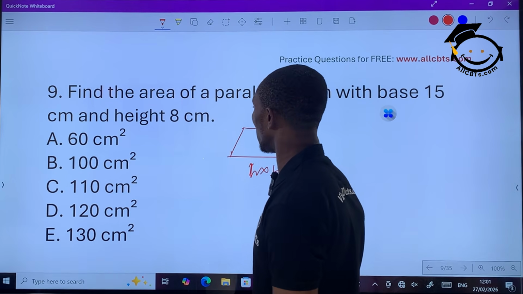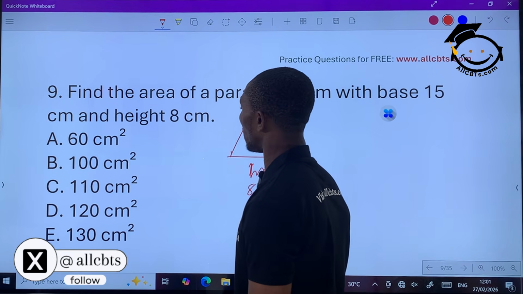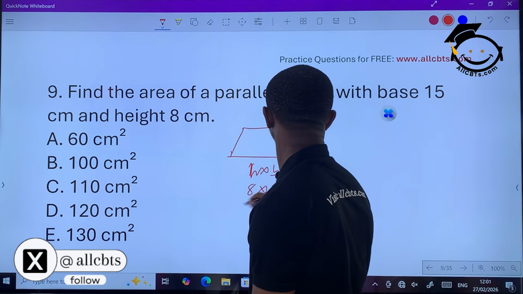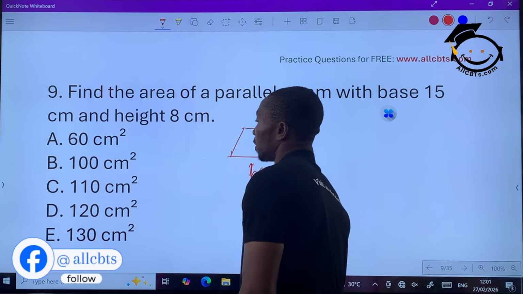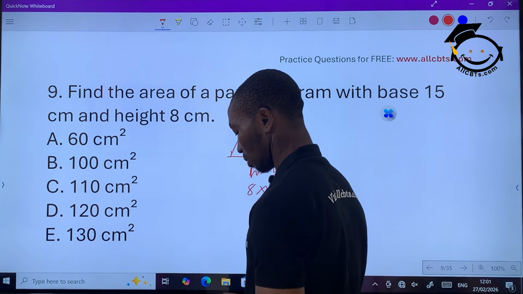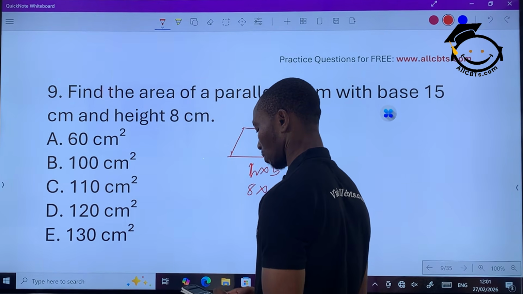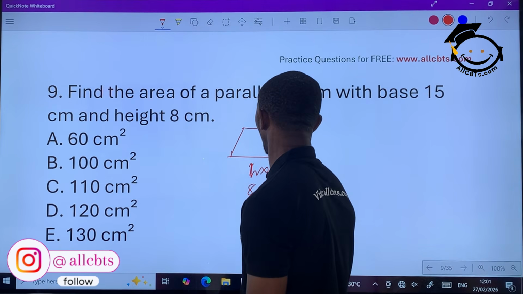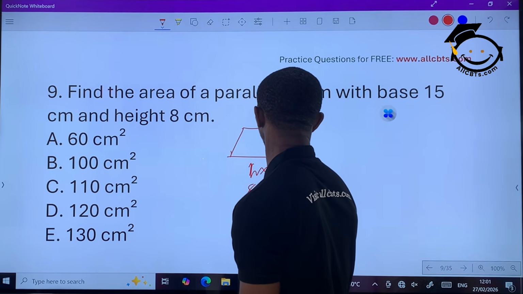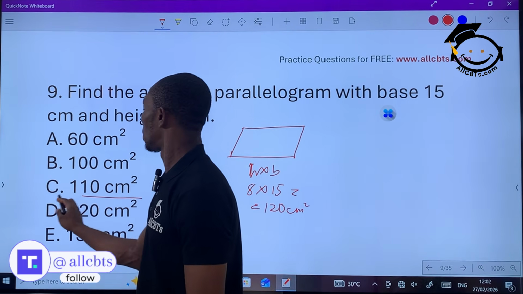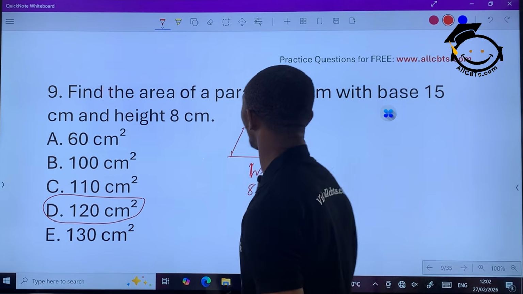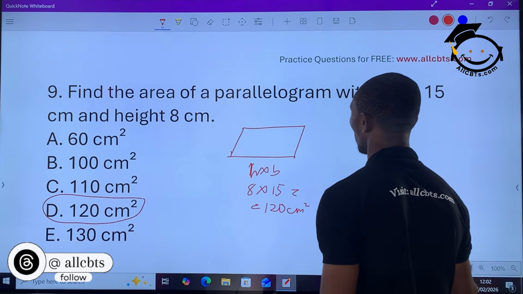If our height is 8 and base is 15, that gives us 15 times 8, 120. Our area will become 120 cm squared. That will be the area of the parallelogram.